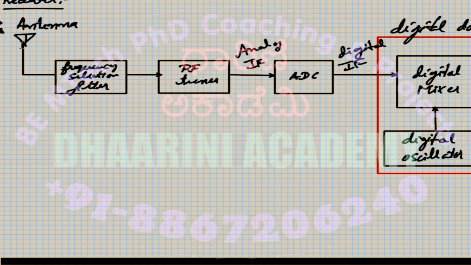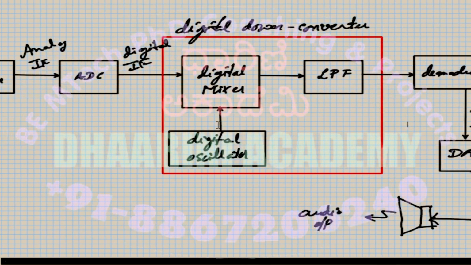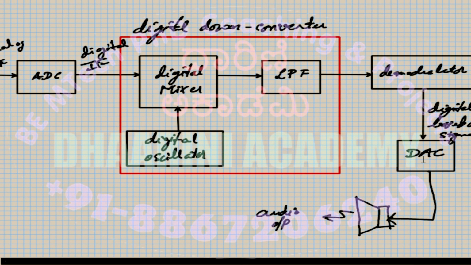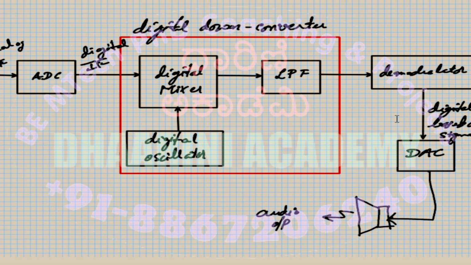The antenna, the selector and the tuner will be the analog components. After that, you convert into digital and process everything in the digital part. At the end, you may require a DAC to get back the audio clip. Otherwise, you can simply save it on the software side, in the computer's memory, maybe in wave format or any specified audio format.